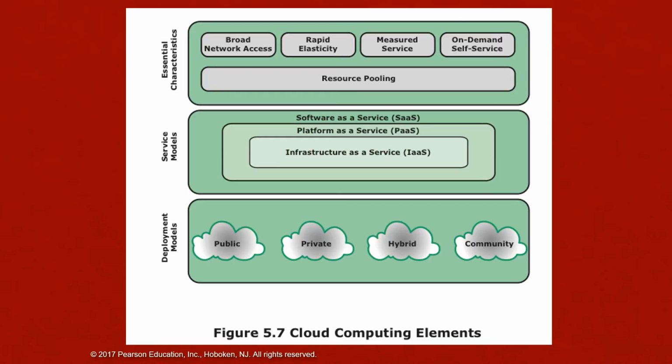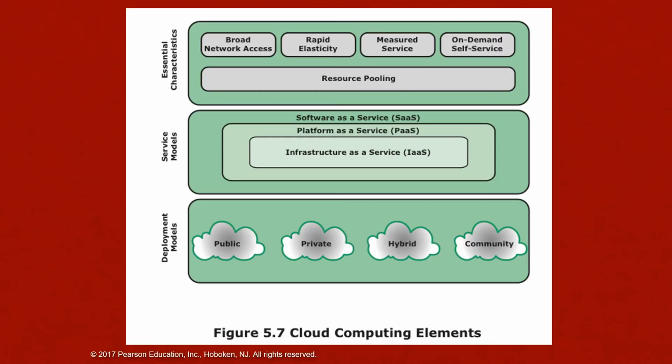Rapid elasticity. Cloud computing gives you the ability to expand and reduce resources according to your specific service requirement. For example, you may need a large number of server resources for the duration of a specific task. You can then release these resources upon completion of the task.